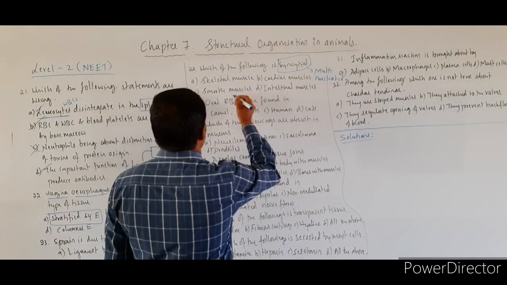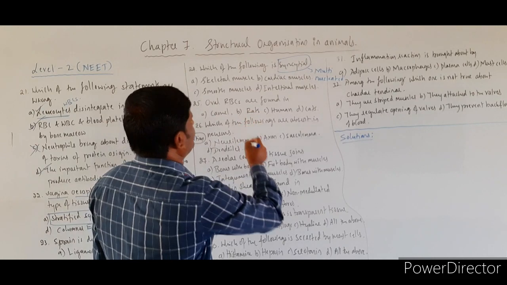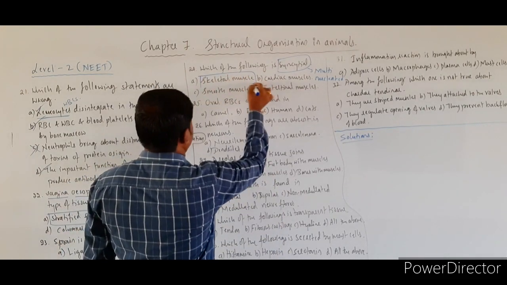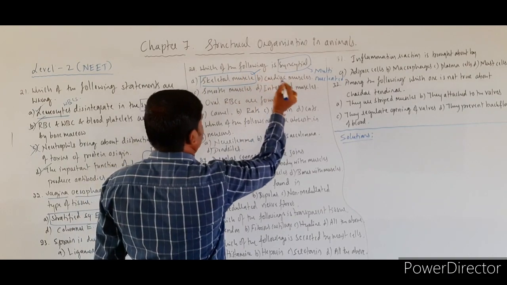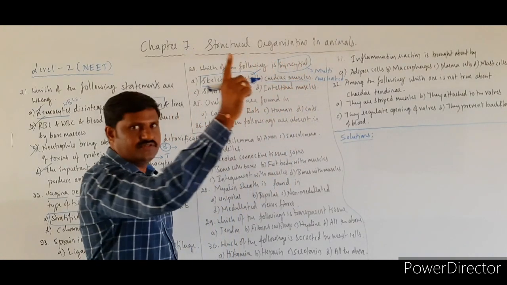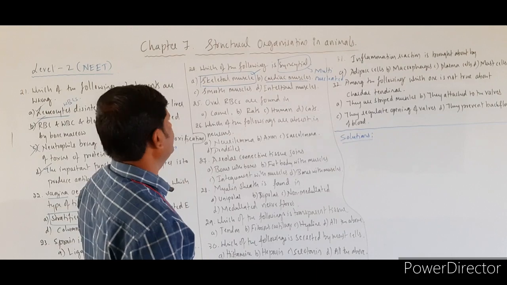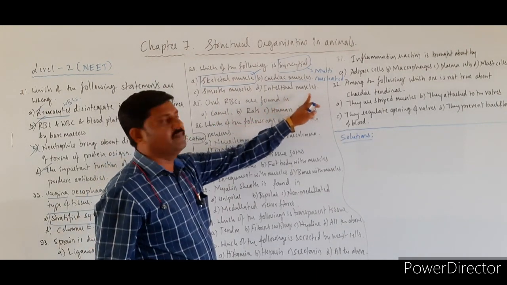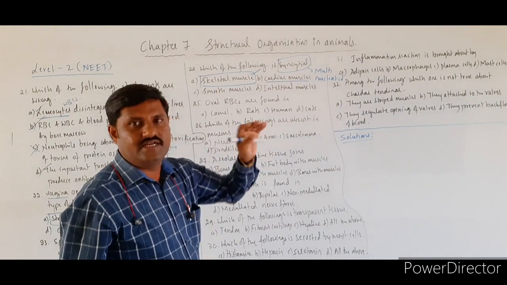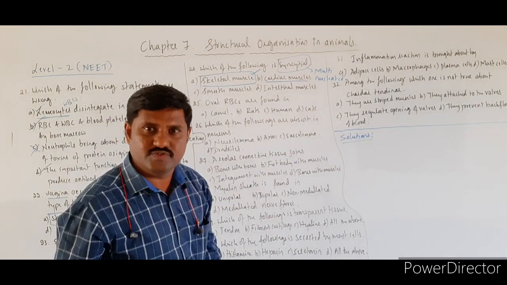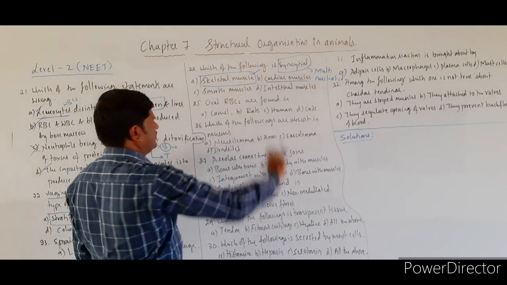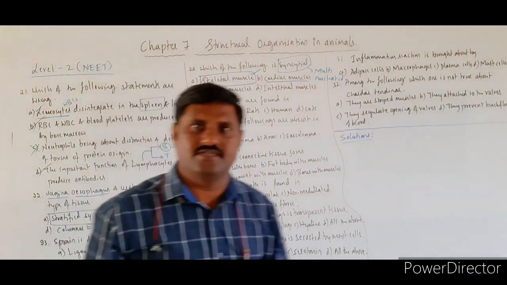So that is the right answer, skeletal muscles, option A. Cardiac muscles have one nucleus and one muscle fiber, right? Smooth muscle, one nucleus. Intestinal muscles are nothing but smooth muscles. So skeletal muscles is the correct answer for this question.